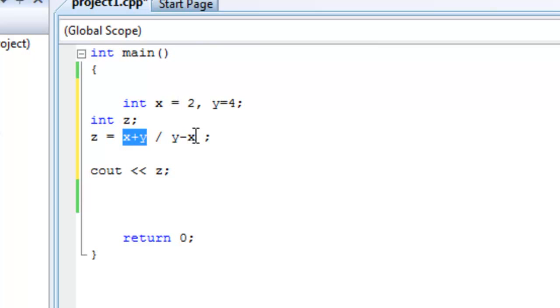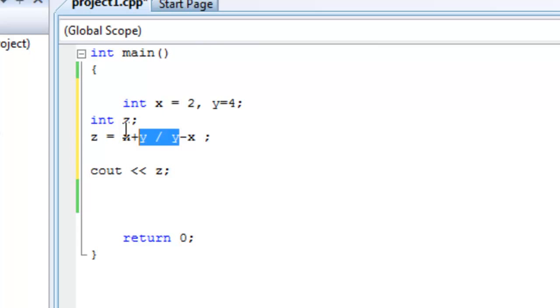The expression here is basically we have to follow the rules, which says: are there any parentheses? No. Number 2, any exponents? No. Okay, 3, multiplications or divisions? Yes, there are. They're right here. This is a multiplication. This is a division. So we have to do that one. So y over y means 4 over 4, which is 1, and then x, which is 2.